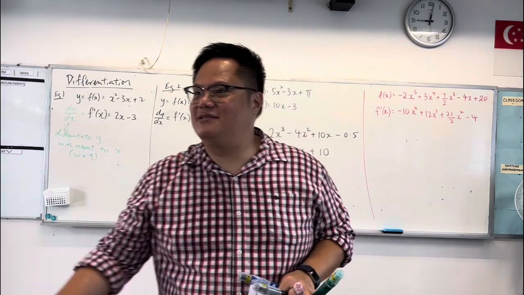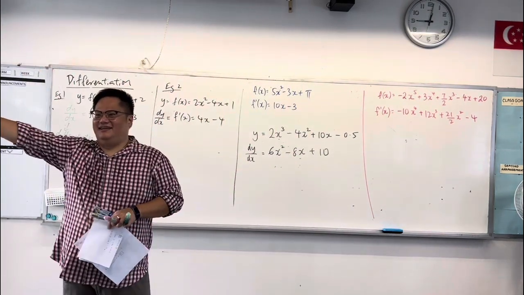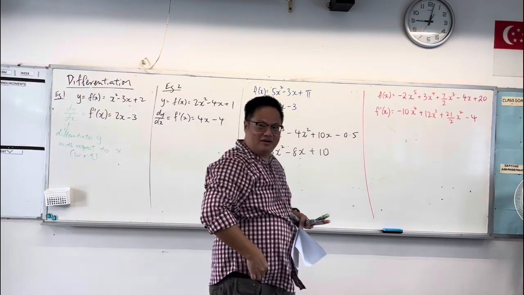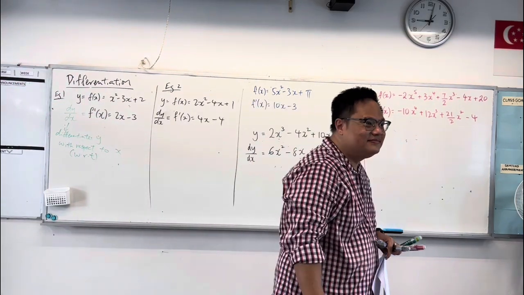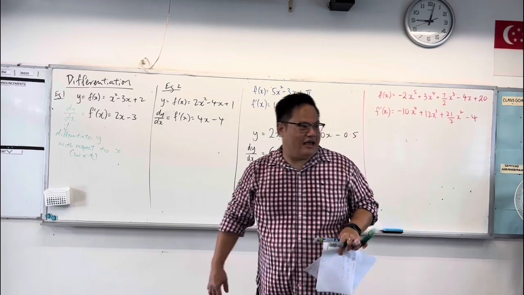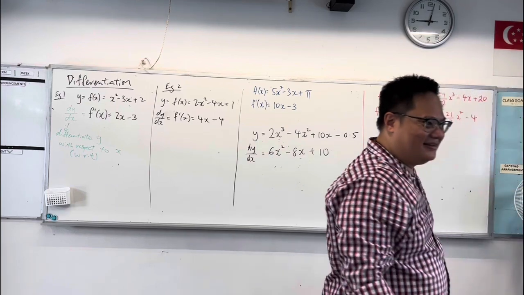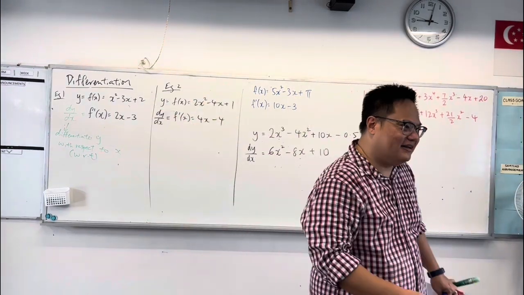How many wanderers do I have? Anyone still wondering where we get the formula? Anyone? No? Everyone got the formula? Really? Explain to me how you get the formula, Rachel. Loud and clear so that everyone can hear.